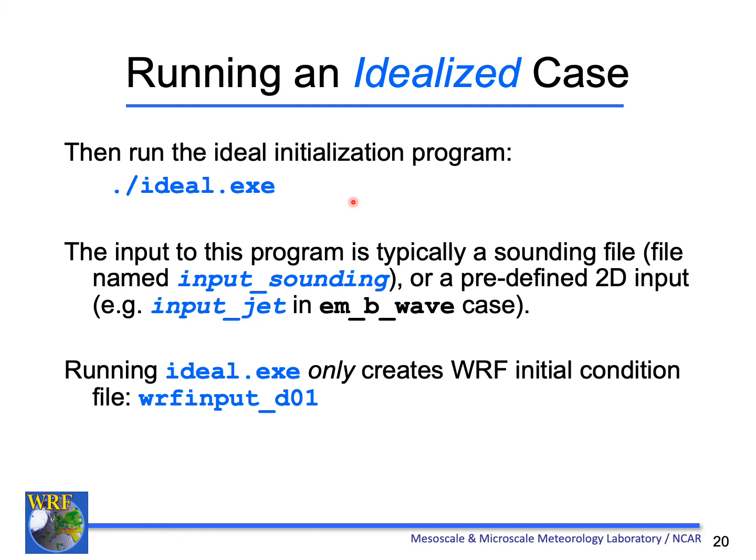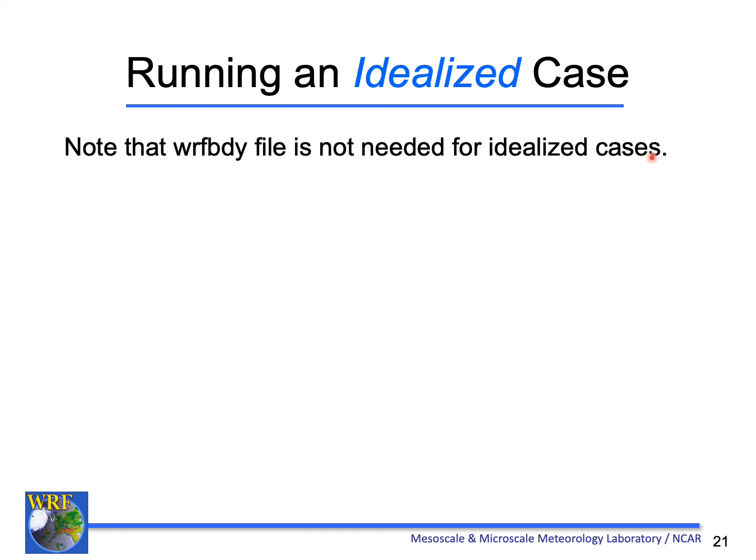Running the idealized initialization program only produces an initial condition file, wrfinput_d01. Because these are idealized flow conditions, there's no need to know anything outside our simulation domain. Hence, a boundary file is not needed here.